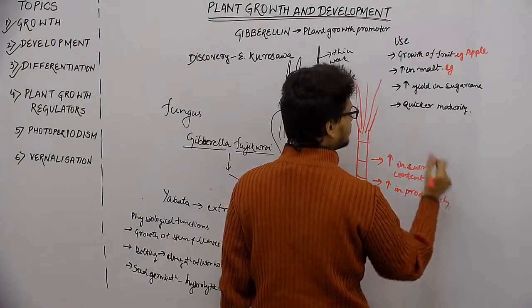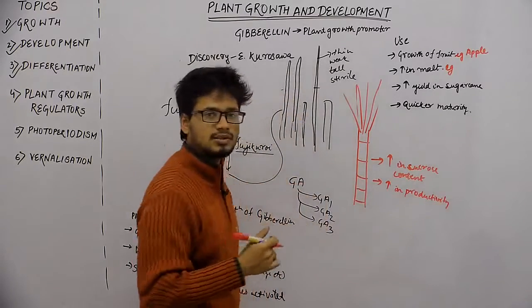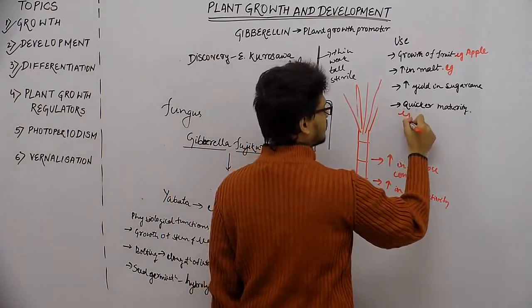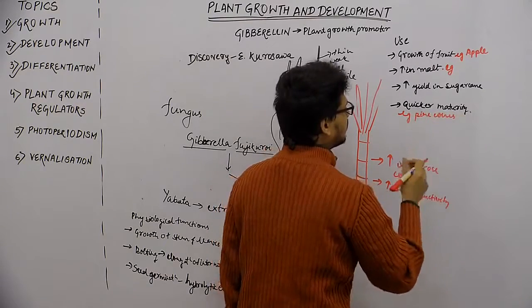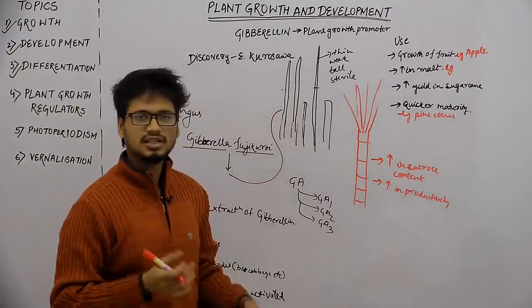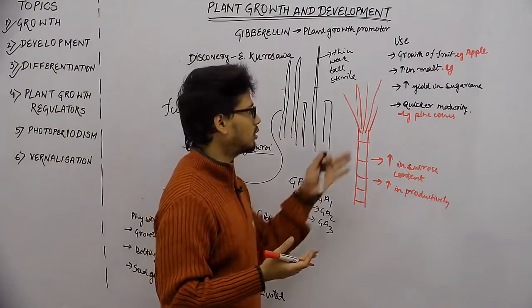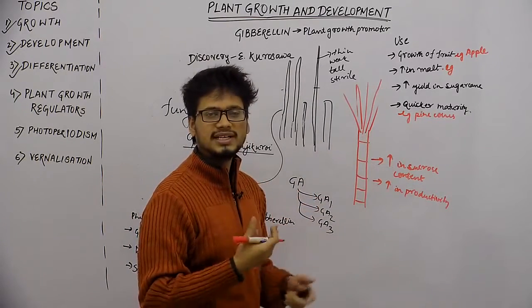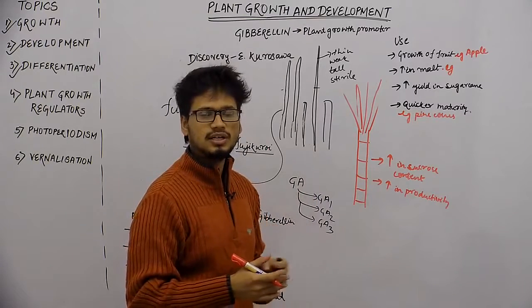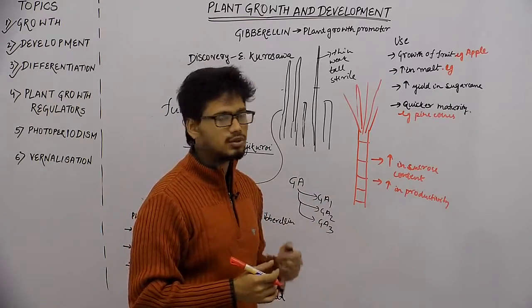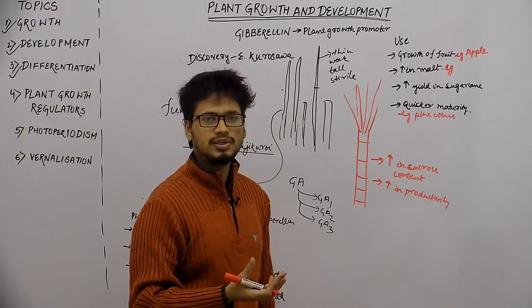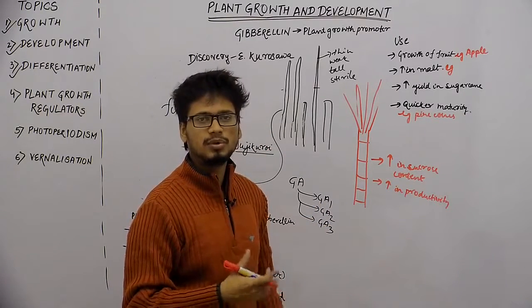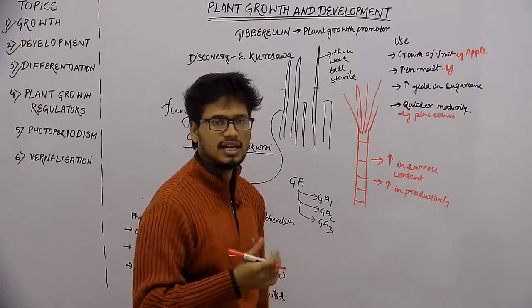The last one is quick maturity. Some plants, like pine cones, if we treat them with gibberellic acid, their time to mature will gradually decrease. Because of this, you will get seed formation very quickly, or more seedlings in less time.